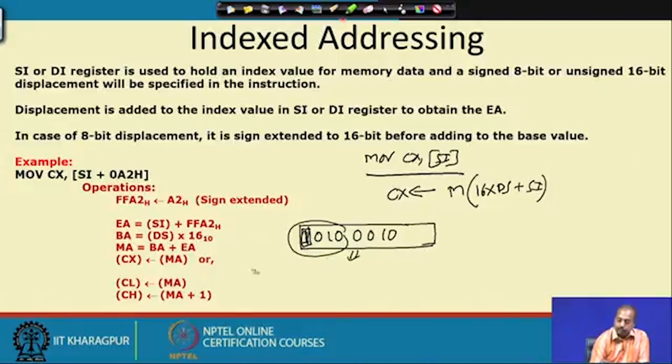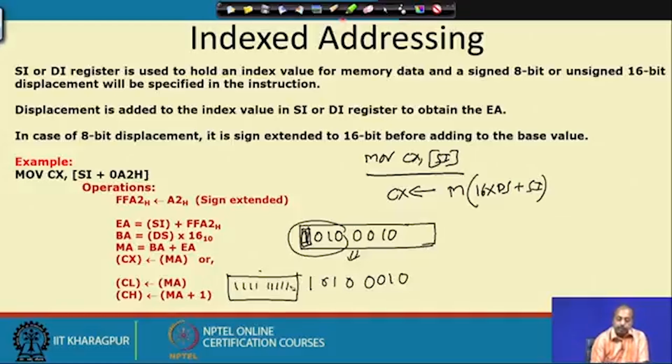16 bit. For the 16 bit extension, since the number is negative, the 8 bit value that we have is sign extended, so all the upper bits will become 1.